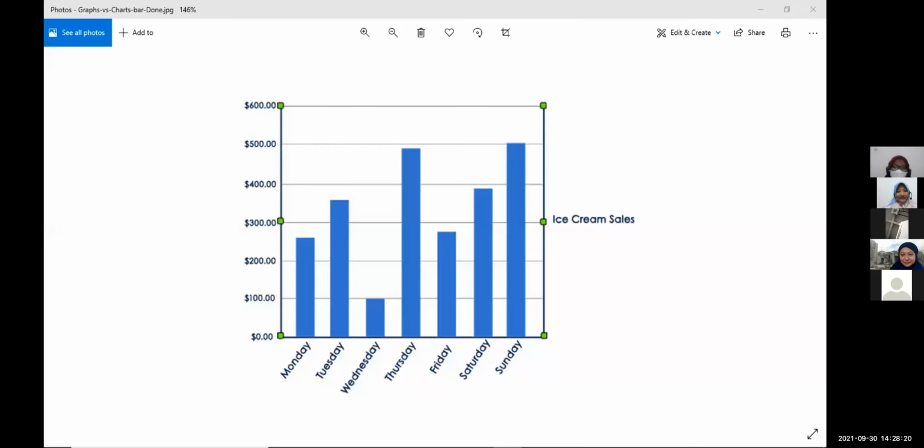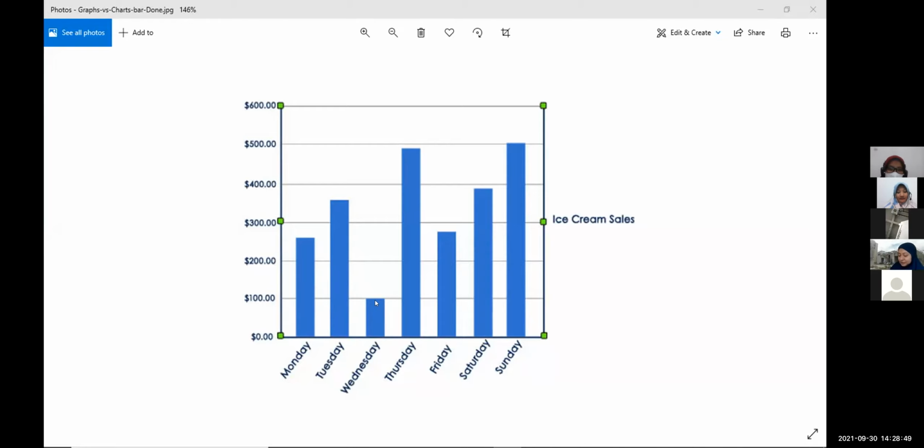Okay, this is the chart of ice cream sales, and we can see in the chart it is so fluctuated. For the first, on Tuesday, it increased and then dropped and dropped again.